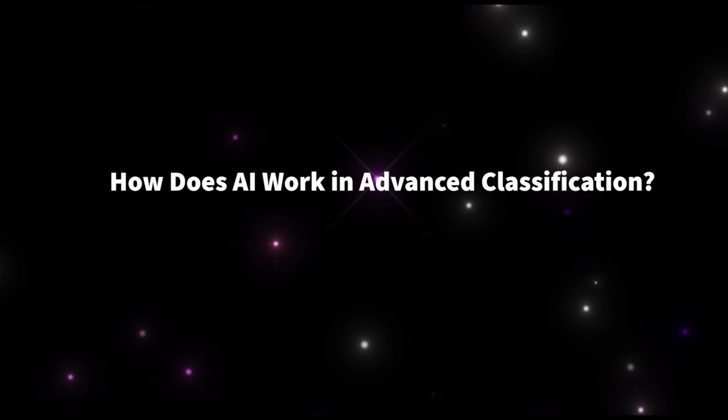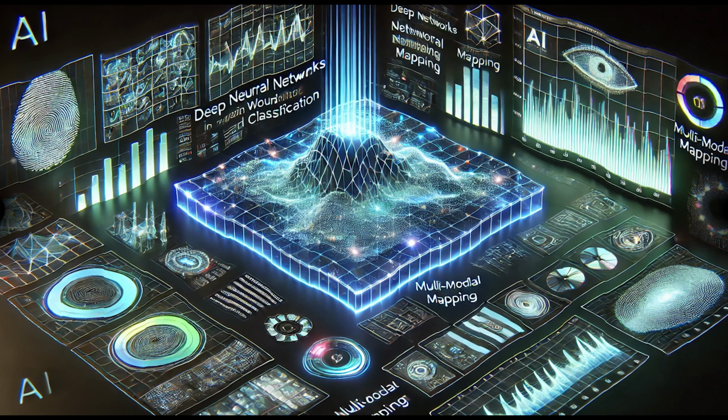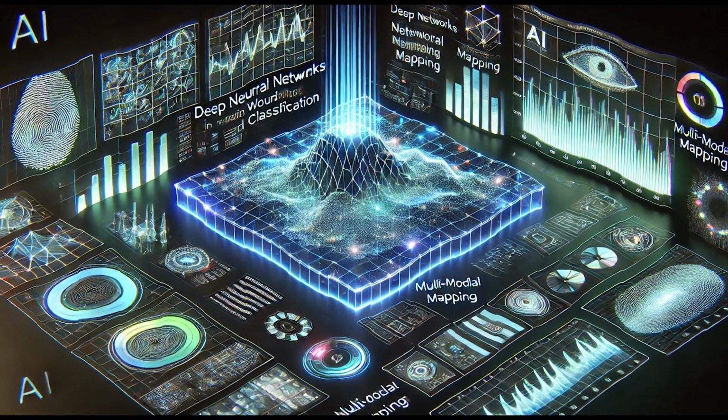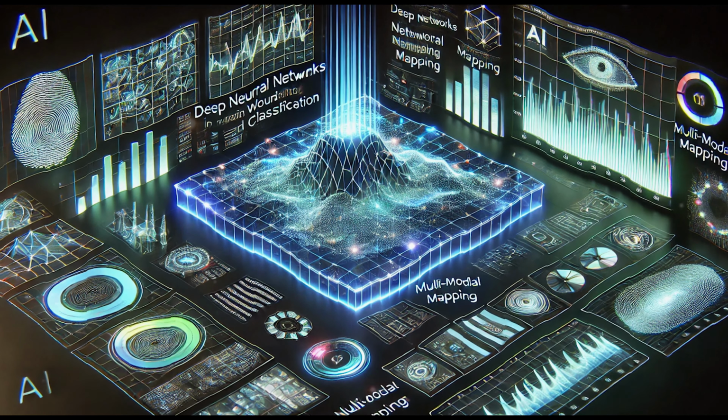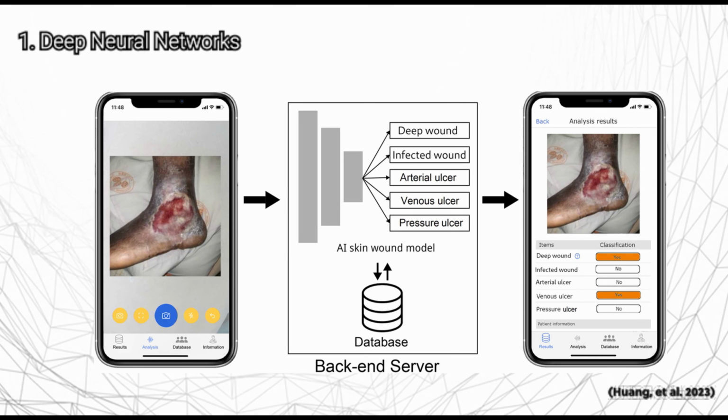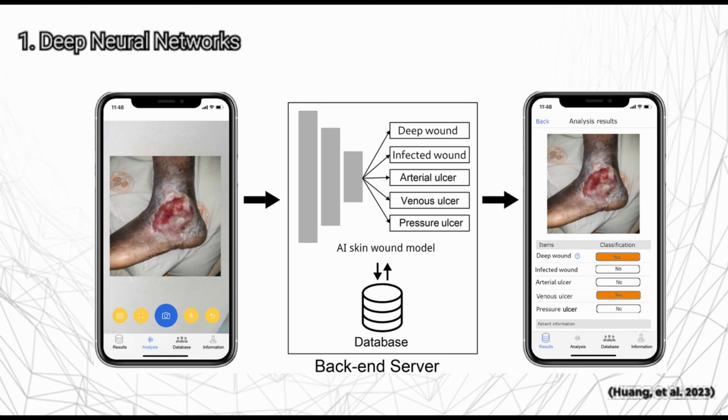How AI works in advanced classification. AI-powered systems use cutting-edge techniques, including deep neural networks, to analyze wound images and extract key features.